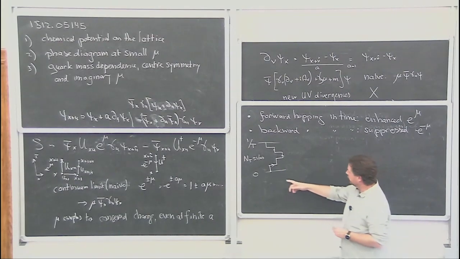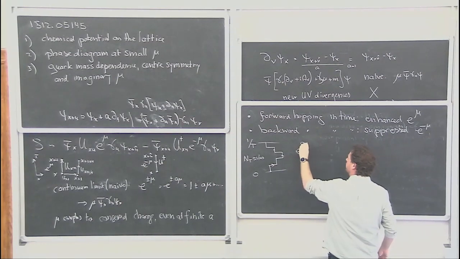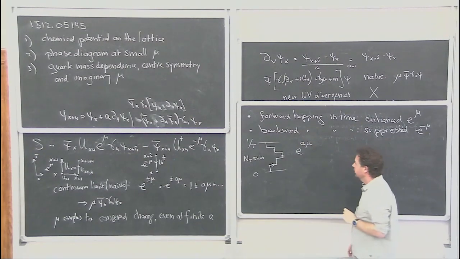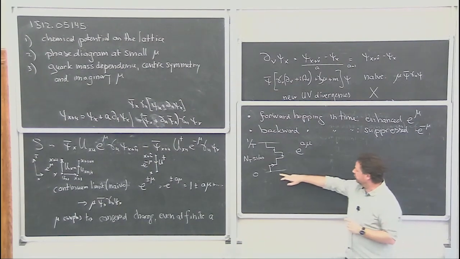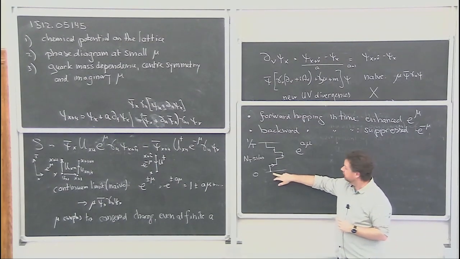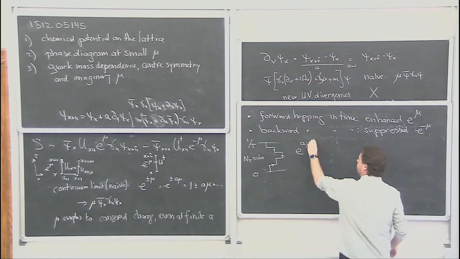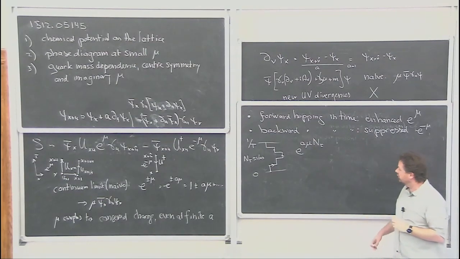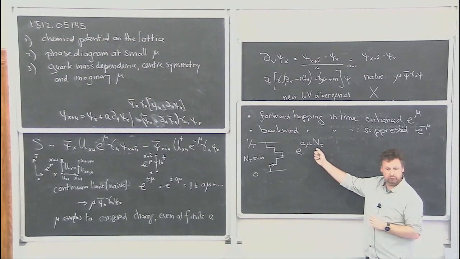Now, every forward hop is enhanced by e to the mu, and let me introduce the lattice spacing again now. So every forward hop comes with e to the a mu. And how many forward hops are there? Well, exactly n_tau. So this configuration will get a contribution from the chemical potential which goes as e to the a mu times n_tau.